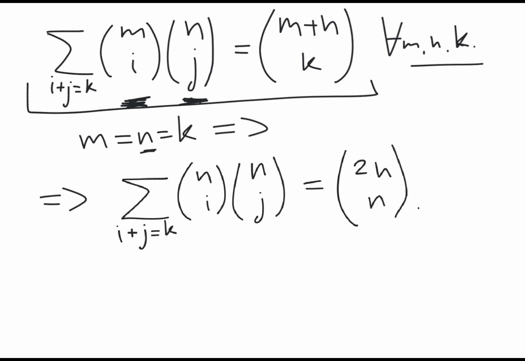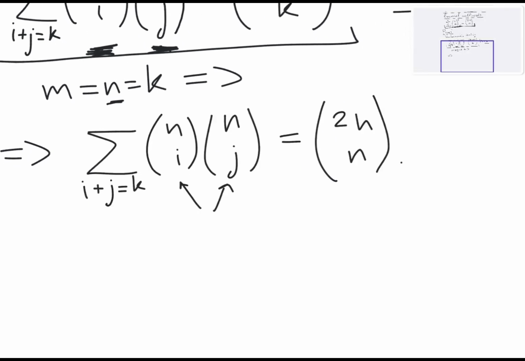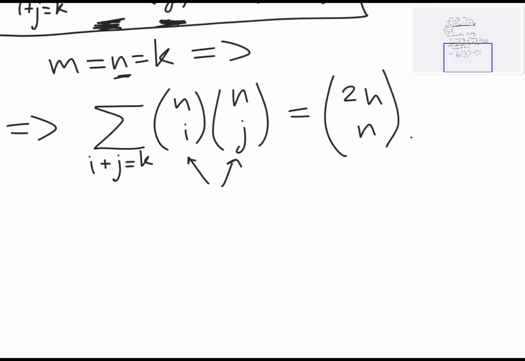That's what we have. Now to evaluate these two binomial coefficients, they are actually equal to each other. And by the way, instead of k we need to write n, because k is equal to n.